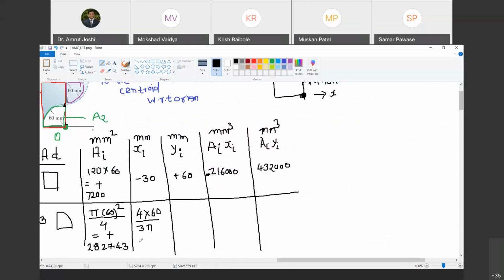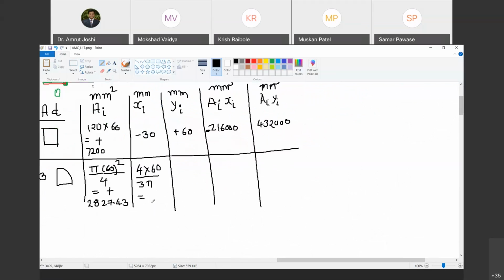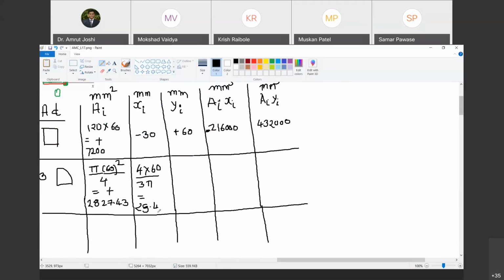Sir, we have to take from the origin. Yes, I am writing x bar from the origin. So how much? 25.46. Very good. 25.46 mm.